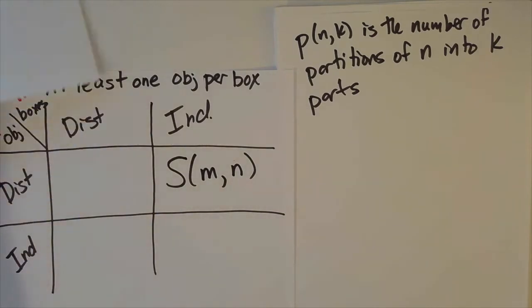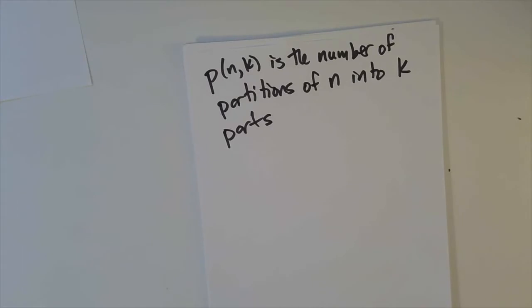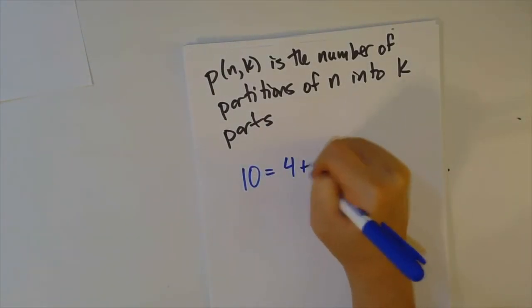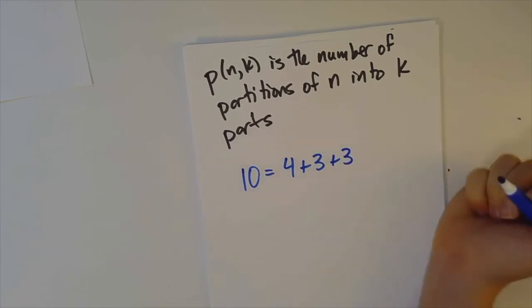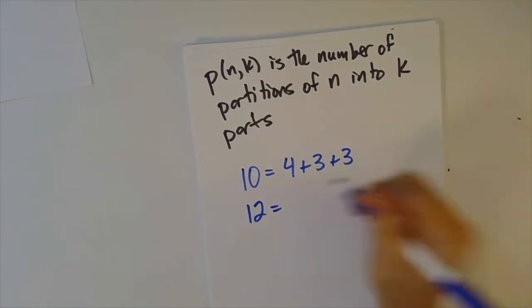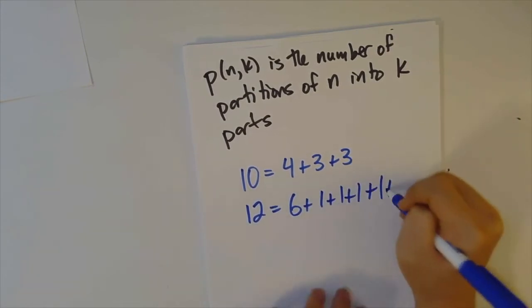Let's talk about what's happening with p of n,k. So remember, when we talked about partitions, I know it's been a bit, we're talking about things like writing 10 is 4 plus 3 plus 3, or 12 is 6 plus 1 plus 1 plus 1 plus 1 plus 1 plus 1.